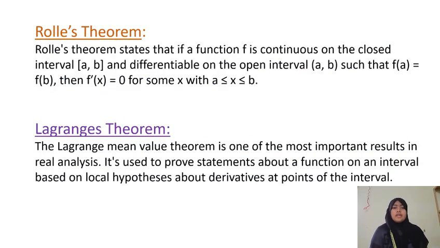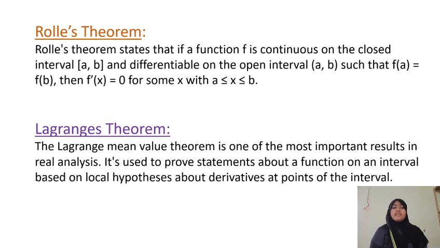Rolle's theorem. This theorem states that if a function f is continuous on the closed interval a comma b and differentiable on the open interval a comma b such that f of a equals f of b, then f dash of c equals 0 for some c with a less than c less than b.